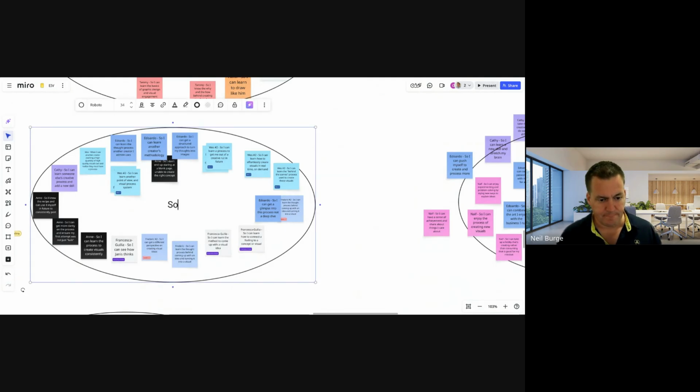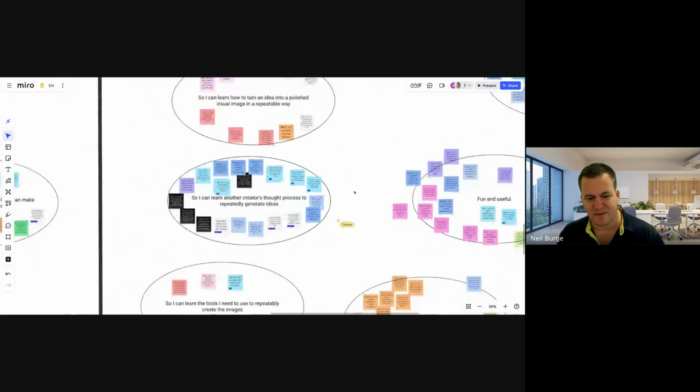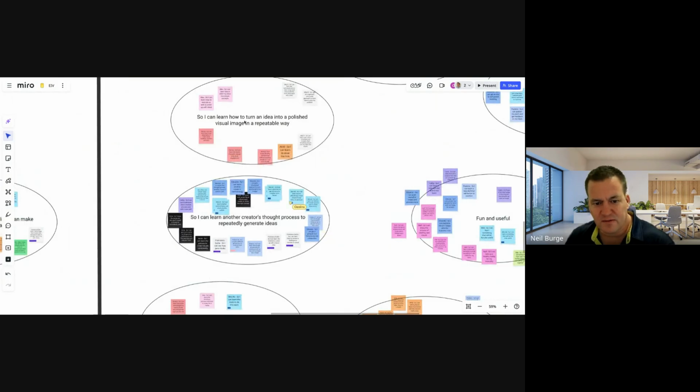So we'll learn another creator's thought process. Repeatedly like this. Something like that. I don't know if it's perfect, but if you're looking at this, is the top one.